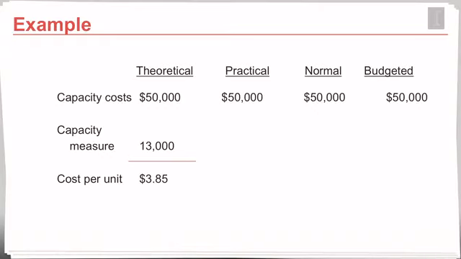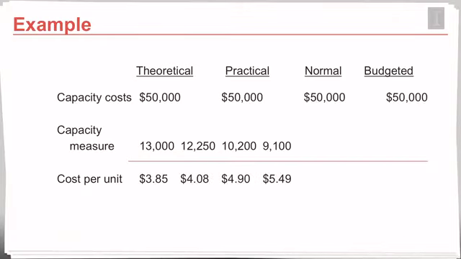From the practical, normal, and budgeted side, we had different capacity measures: 12,250, 10,200, and 9,100 respectively. And of course, because those denominators are different, we're spreading $50,000 over different volumes, we're going to have a different cost per unit. For practical, we'll have $4.08. For normal, we'll have $4.90. And for budgeted, we'll have $5.49.